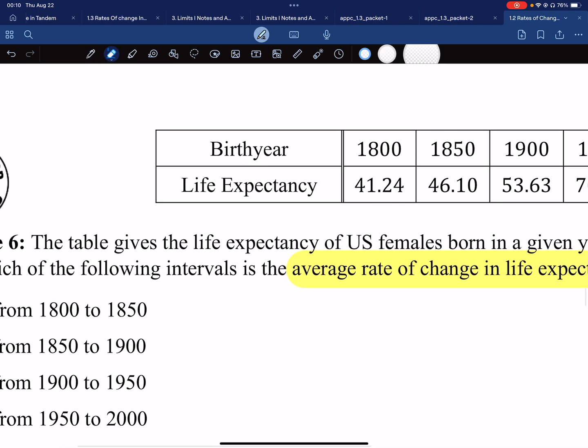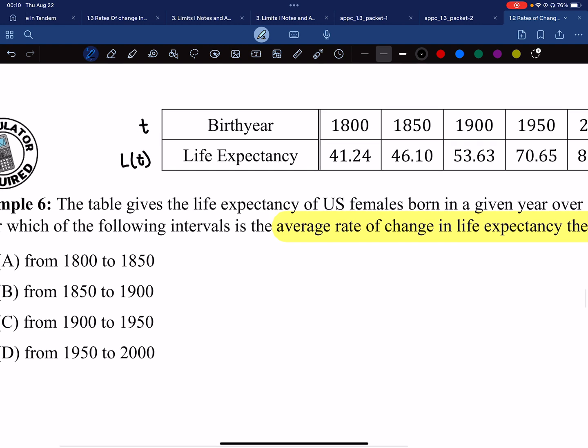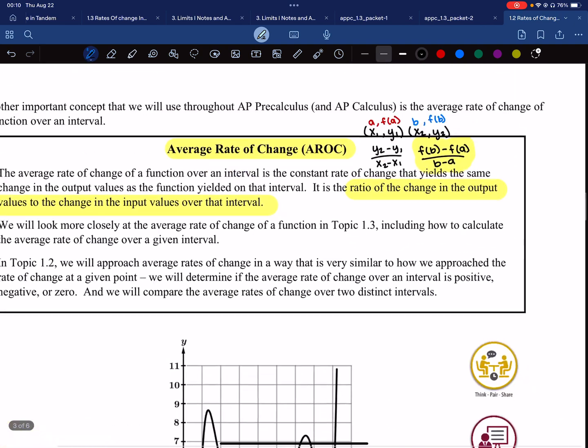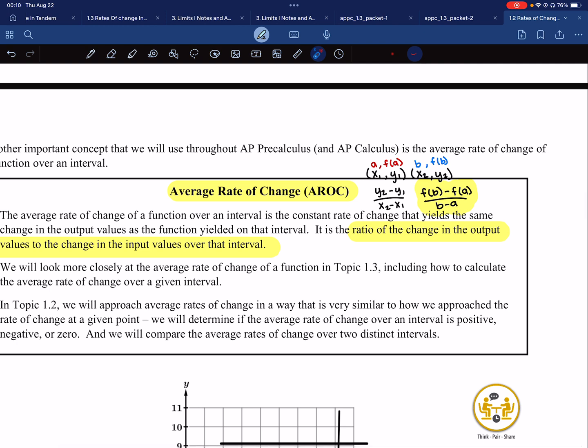So I'm going to let the birth year represent the variable t, and life expectancy, I'm going to name it L of t. And so what we're going to do is set up the average rate of change for each one of these answer choices using the formula that we talked about right here, which is essentially our slope formula. But instead of f, we're going to have L's.